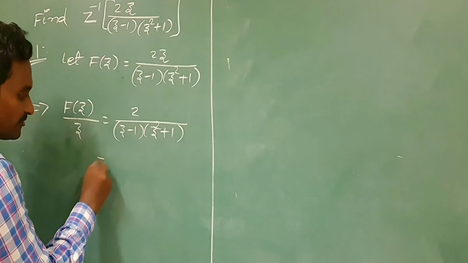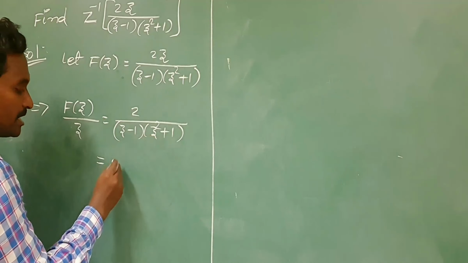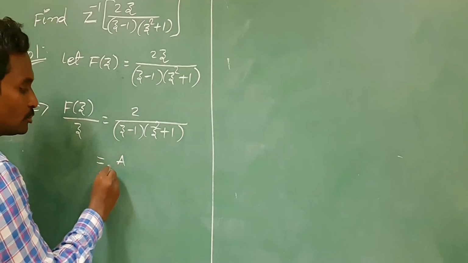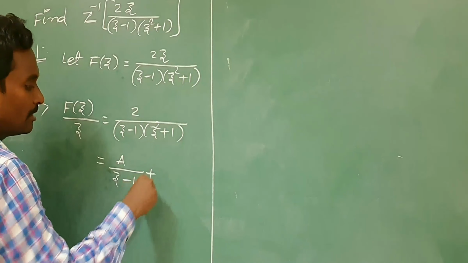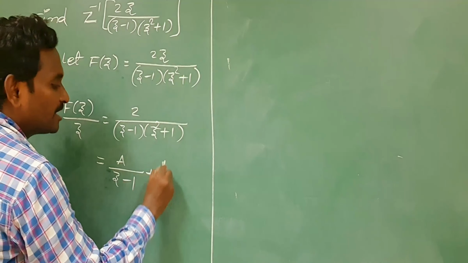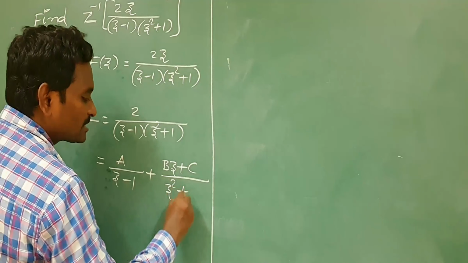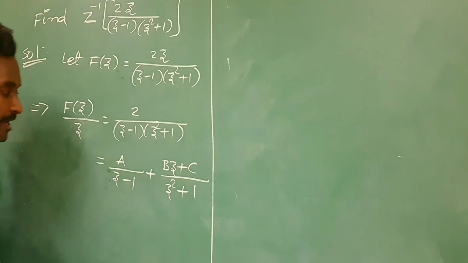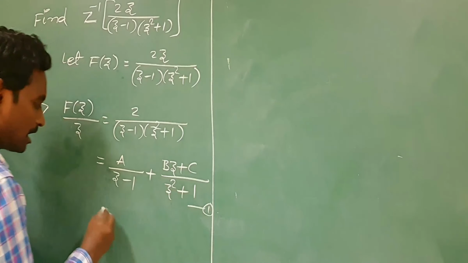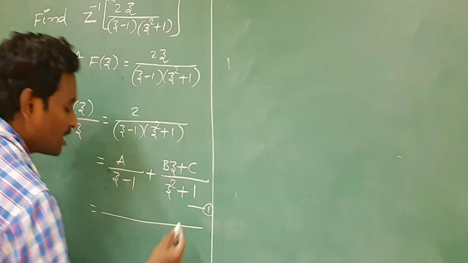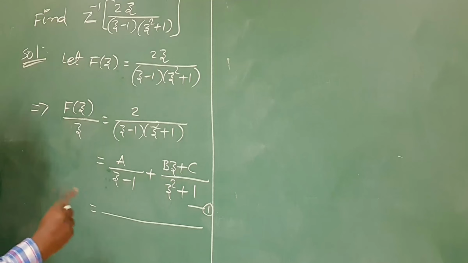So what are the partial fractions of this type of denominators? For the linear factor you should write A by z minus 1. For the irreducible quadratic factor, the numerator should be bz plus c by z square plus 1. Take it as equation number 1. Now we have to take the LCM. After that we have to equate the numerators on both sides.